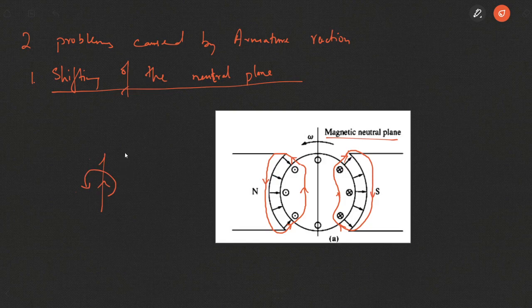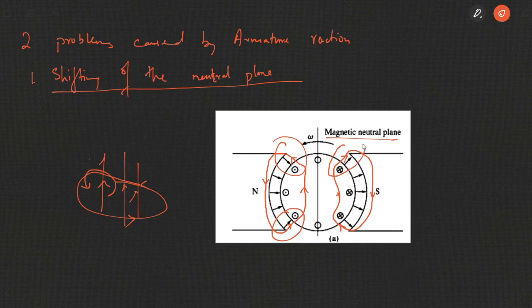Since a number of conductors are placed together, this results in a net magnetic field like this. At this end you can see the magnetic field produced by the armature is in phase opposition to the main magnetic field, while at this end the armature magnetic field is in phase with the main magnetic field.